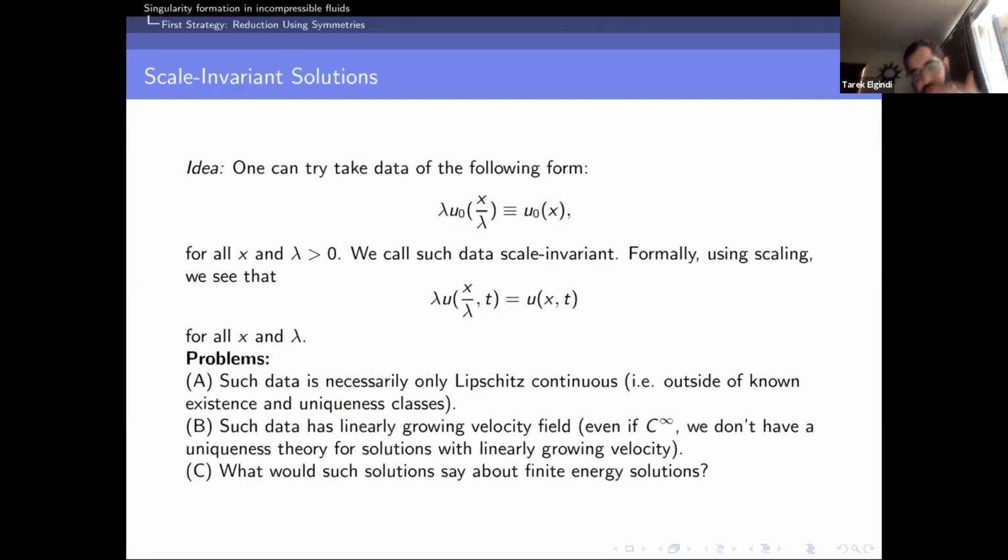And furthermore, the Euler equation has natural energy conservation in all dimensions. So even if you did understand these kinds of solutions and you could give them meaning, it's not clear that they would say anything about finite energy solutions.